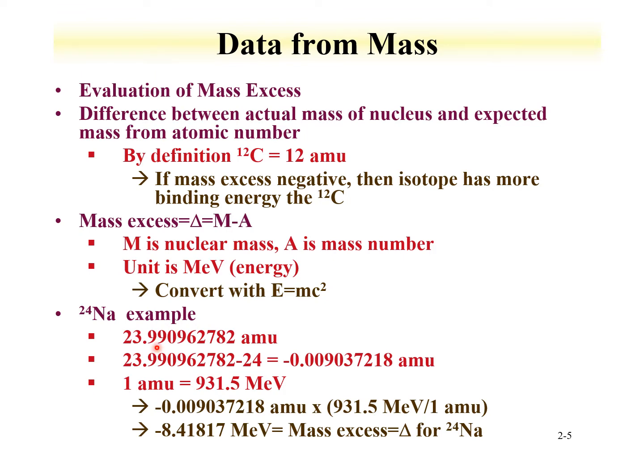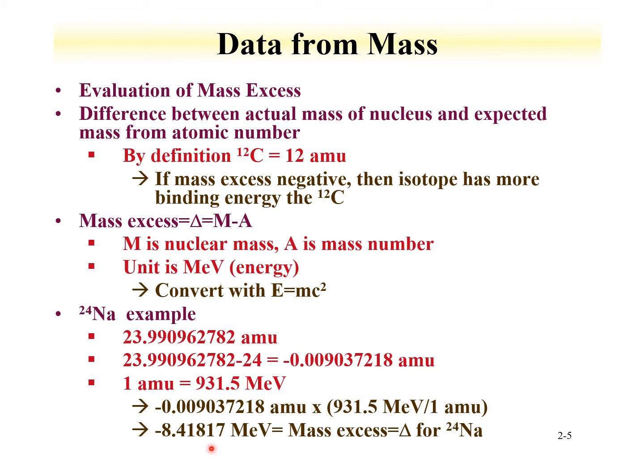And I already gave you this value that we're going to convert from atomic mass units into energy. It turns out that one atomic mass unit is equal to 931.5 MeV. So about one atomic mass unit is about 1,000 MeV, a reasonable rule of thumb.